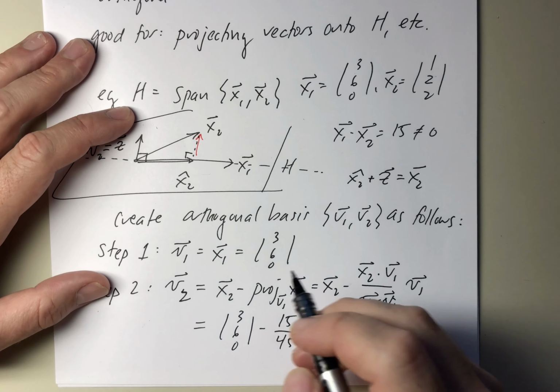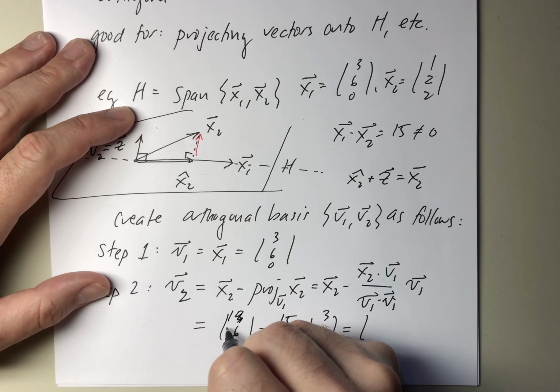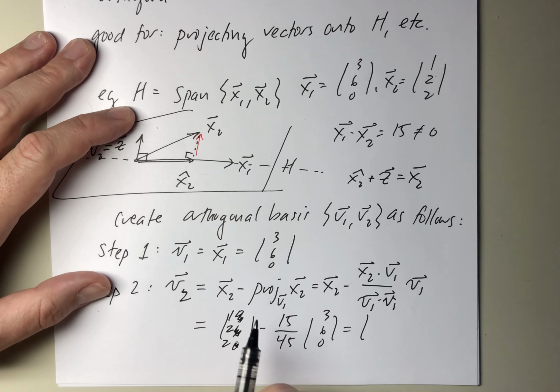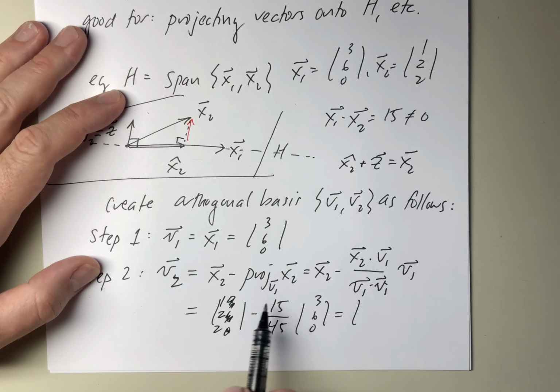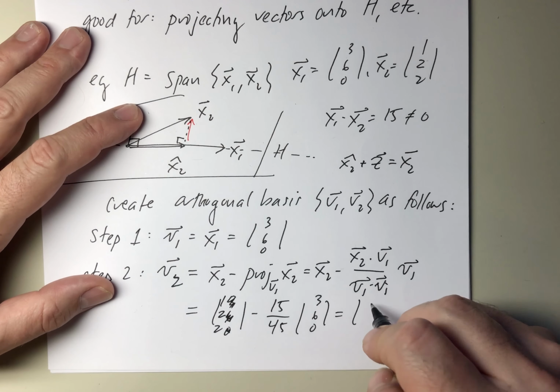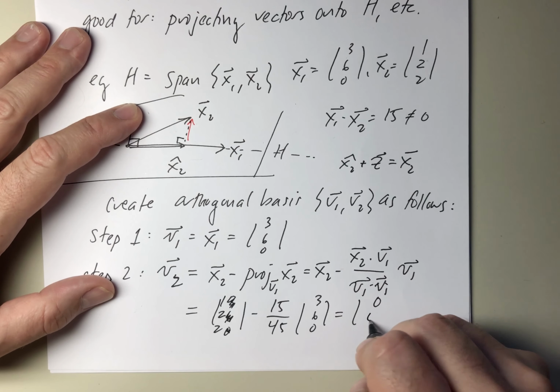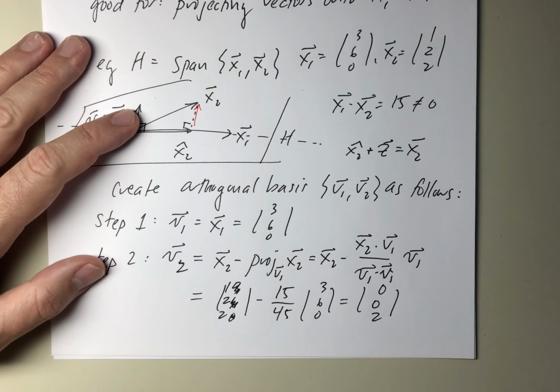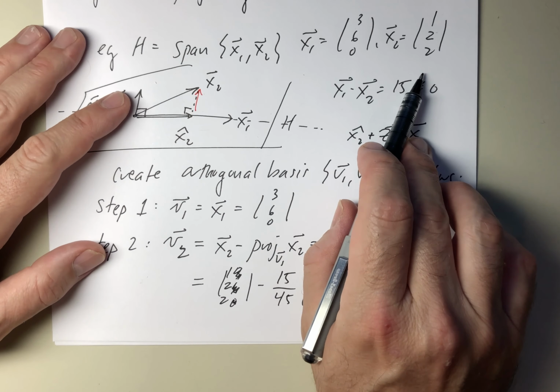Sorry, my x2 should be (1, 2, 2), of course. Something looked funny there. Let's see if I did this right. This should now come out to (0, 0, 2). Yes, and that plus the projection should be x2, the vector (1, 2, 2).